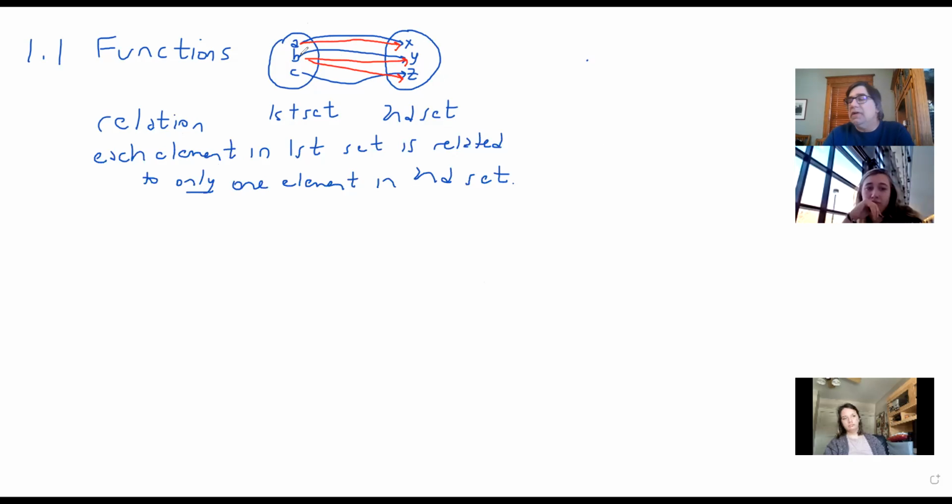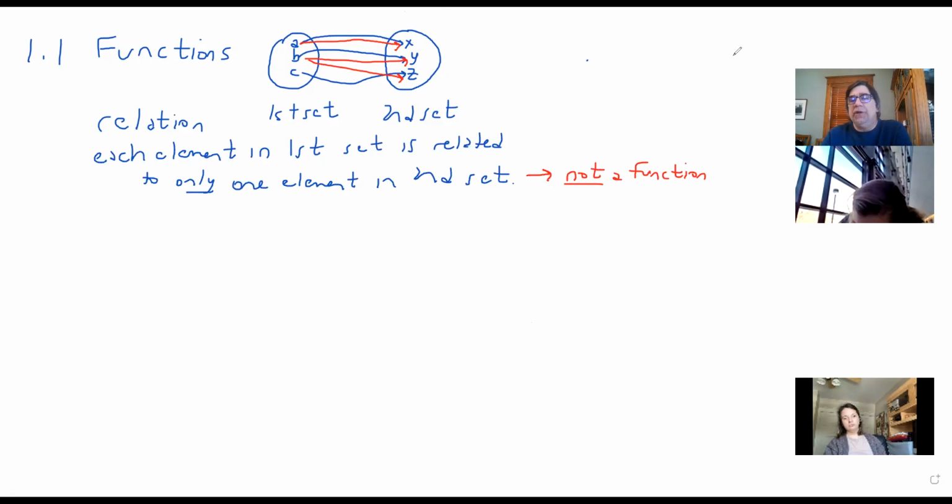But what is related to element B from the first set? Some people would say it's related to Y. Some people would say it's related to Z. And you're both correct because that's what the arrows are telling us. So using the red arrows, this is not going to be a function. So that's the key to the definition. Each element from the first set, order doesn't matter here, is related to only one element from that second set.